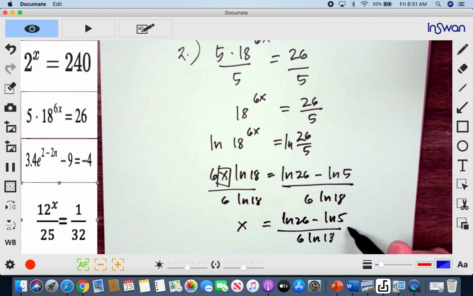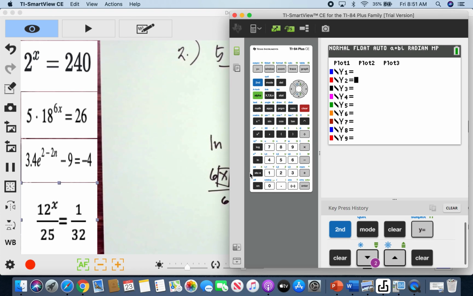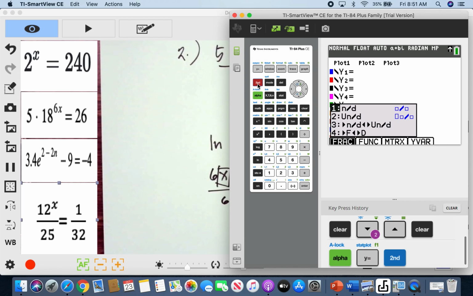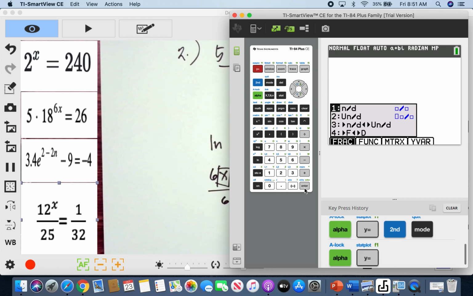Now this is the exact value again, and then of course we can always find the approximated value. This time let's use a calculator. We do alpha y equals, and then enter.